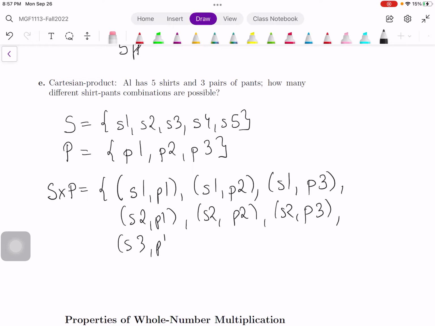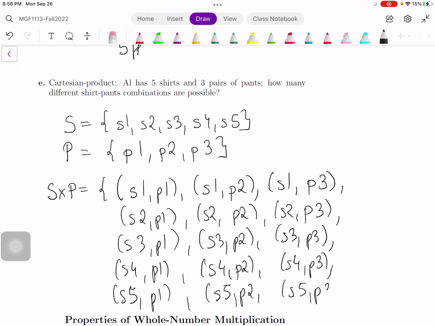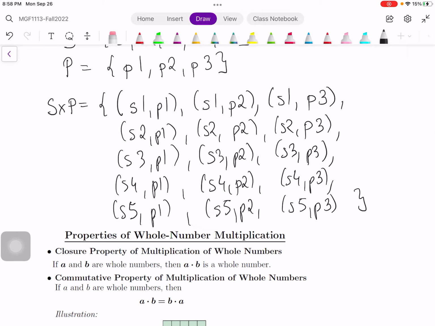The same for shirt 3, the same for shirt 4, and the same with the fifth shirt. Can pair it with the first pair of pants, the second, and the third. I couldn't fit it in one line, but it's all ordered pairs separated by commas.